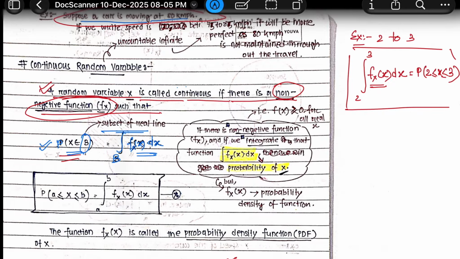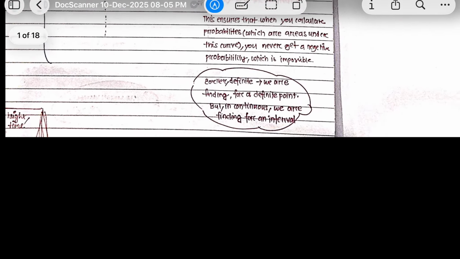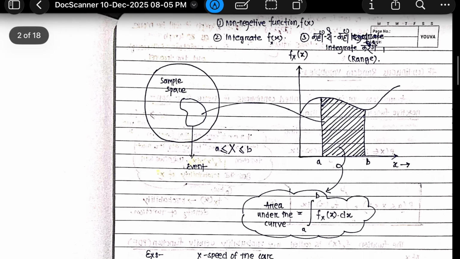For that function, the area of that will be the probability. So if you weren't able to understand anything, please stay calm. We will understand this one with an example. I'm giving that example now.